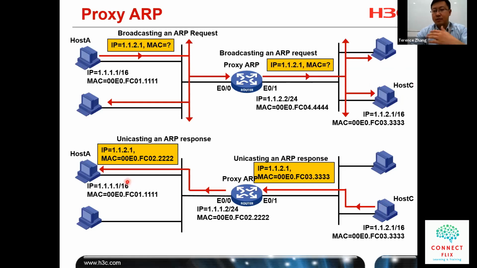That means it extends ARP's range over the layer 3 network. So this is what Proxy ARP does. By default, Proxy ARP is disabled on the router. You need to configure it by command.